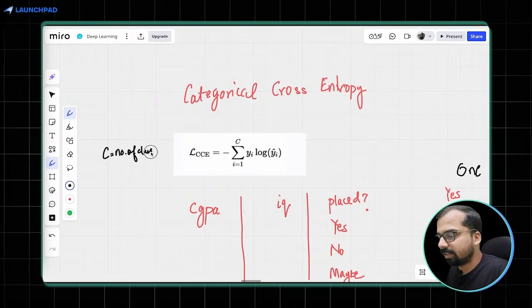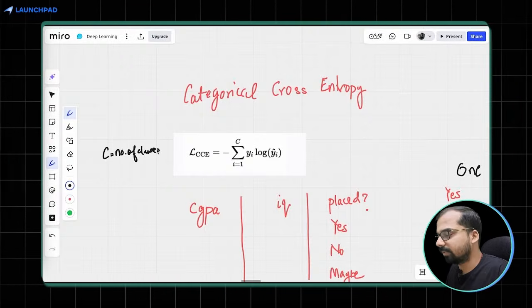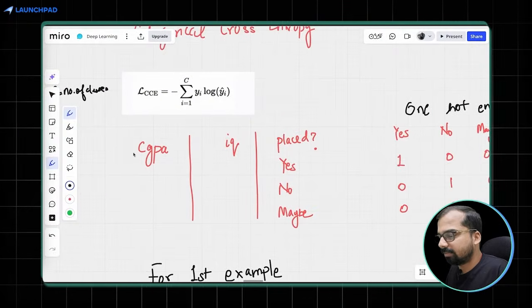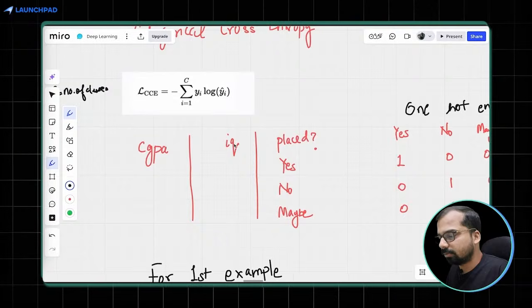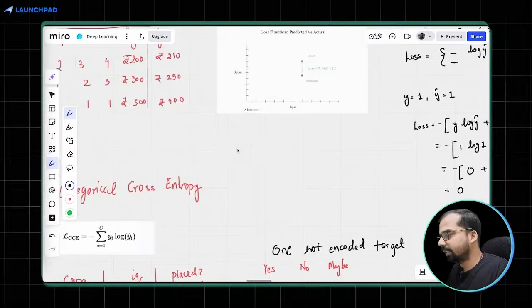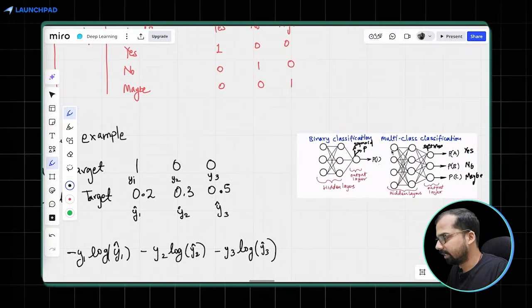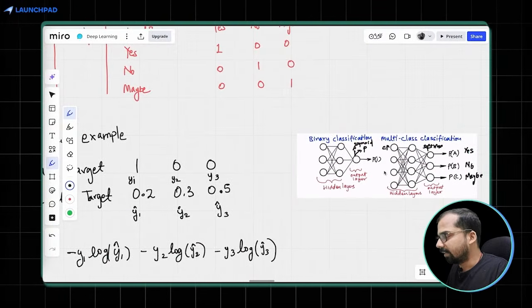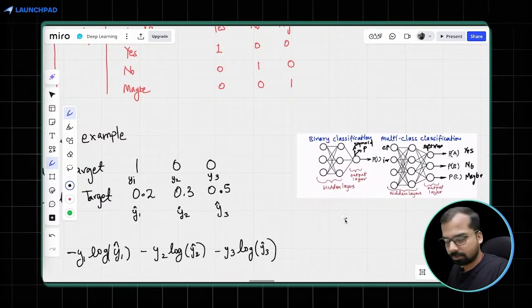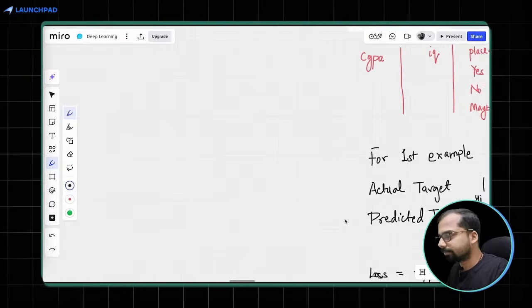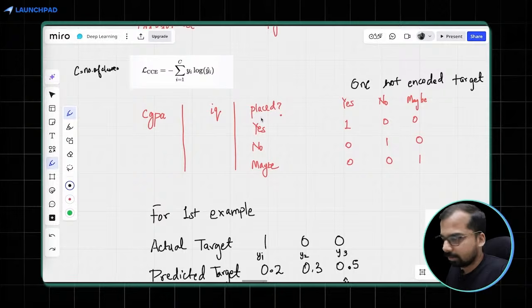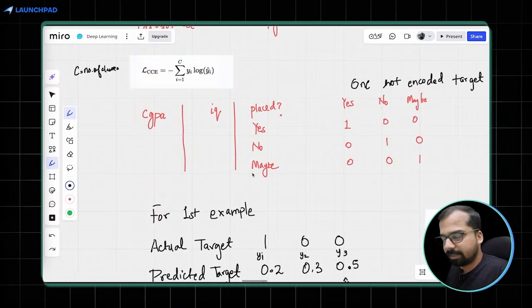Here I have given an example where features like CGPA and IQ are my input nodes to the neural network. We can remove the other nodes, as they will not have anything. And then the target is whether the person gets placed or not: yes, no, or maybe.